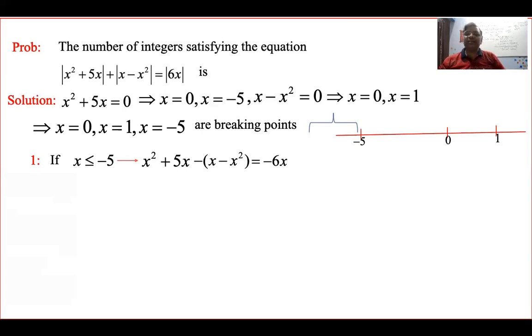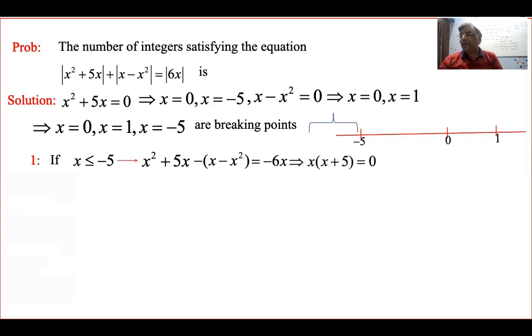So when x is less than minus 5, x square plus 5x is positive. Therefore, modulus of that is x square plus 5x only. But x minus x square will be negative. Therefore, minus of x minus x square. And 6x is also negative. Therefore, it is minus 6x. Substituted there, x square plus x square, 2x square minus 4x is equal to minus 6x.